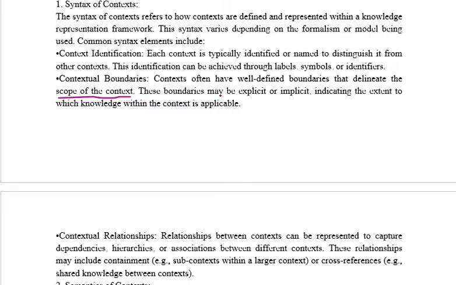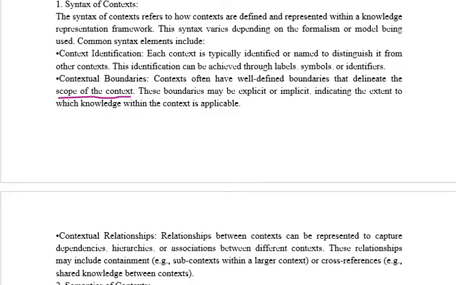These boundaries may be explicit or implicit, indicating the extent to which knowledge within the context is applicable. Means which knowledge, which information is appropriate to the particular context, which is the main scope of this. Okay, that is known as a boundary.